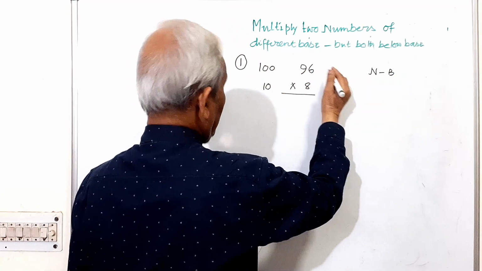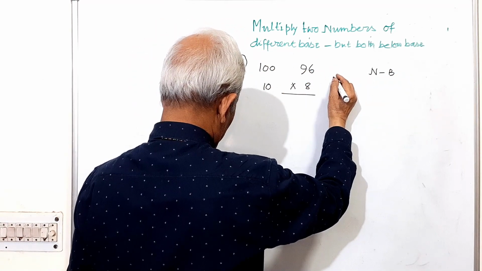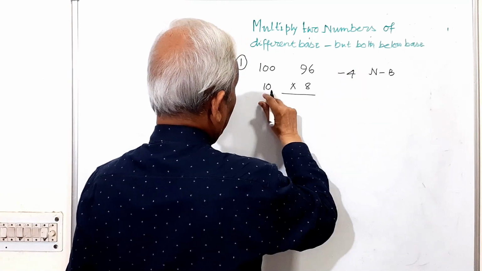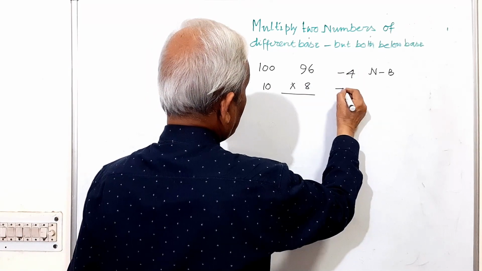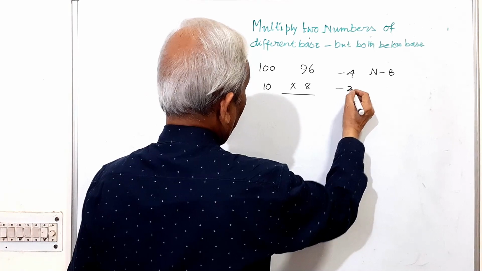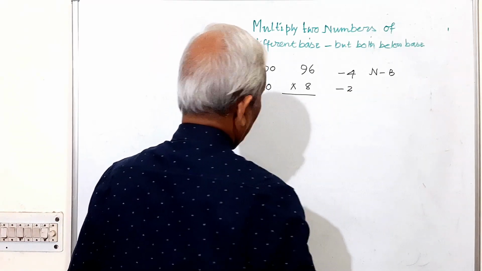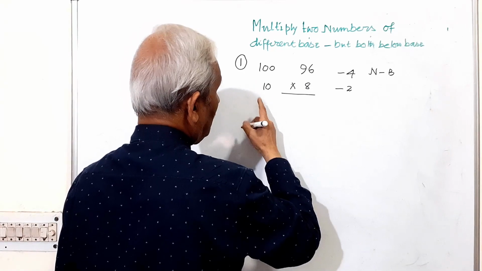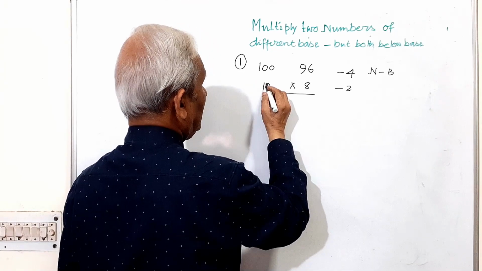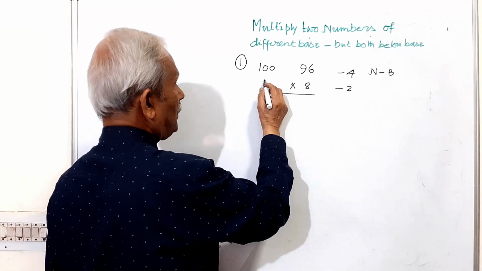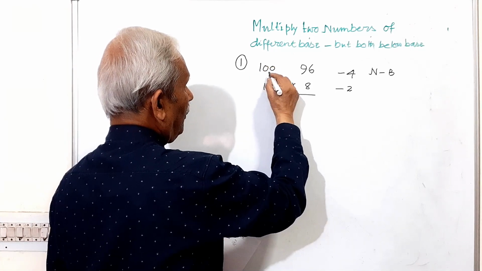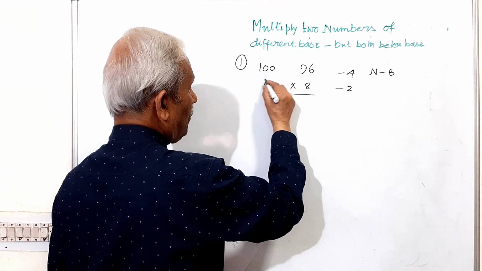96 minus 100 is how much? It's minus 4, and 8 minus 10 is minus 2, right? So minus 4 and minus 2, and now you have to be very careful about one thing. See the difference in the number of zeros between the bigger base and the smaller base.